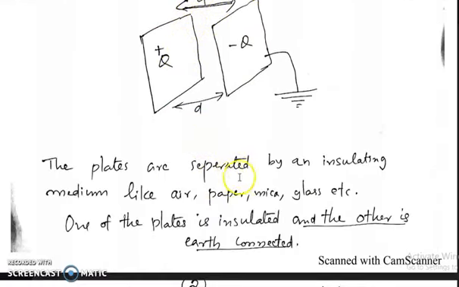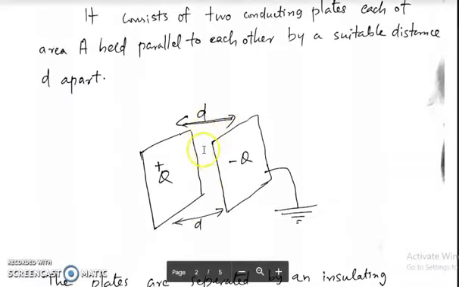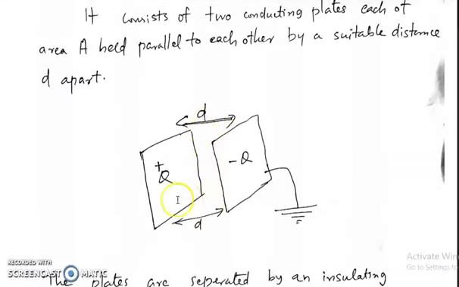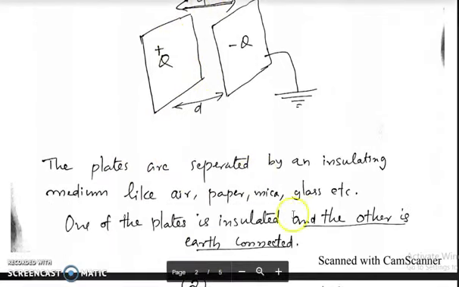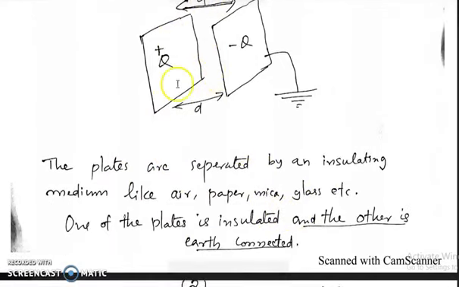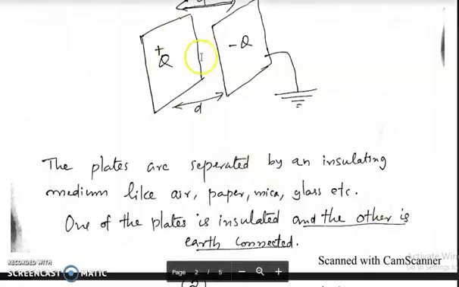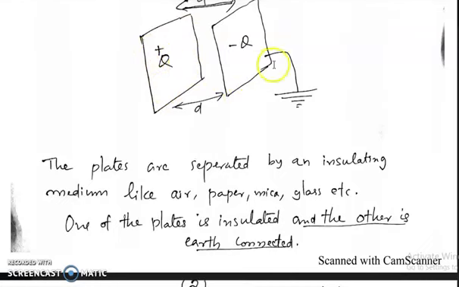In between the two plates, we may have an insulating medium like air, paper, mica, glass, etc. One of the plates is insulated, and the other one is connected to earth, or grounded.